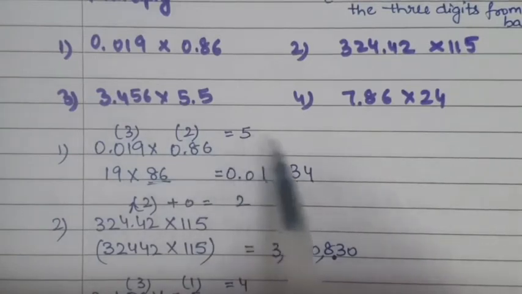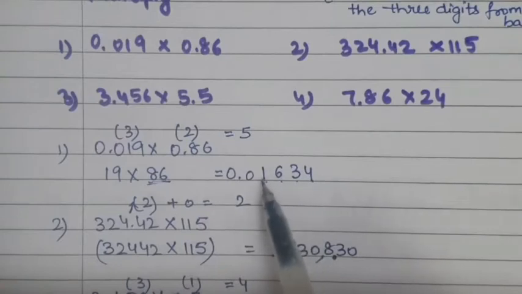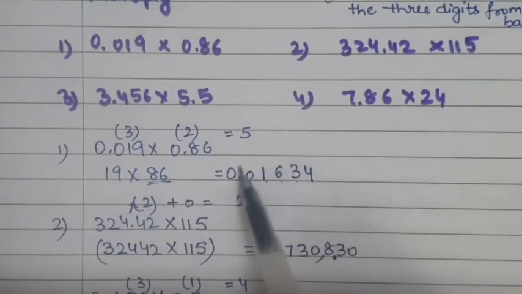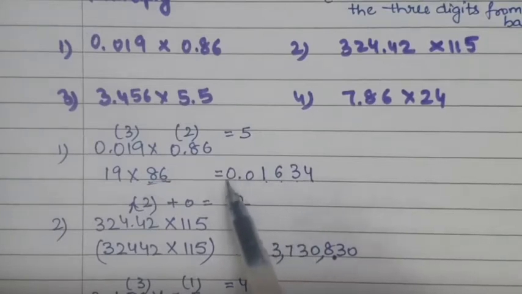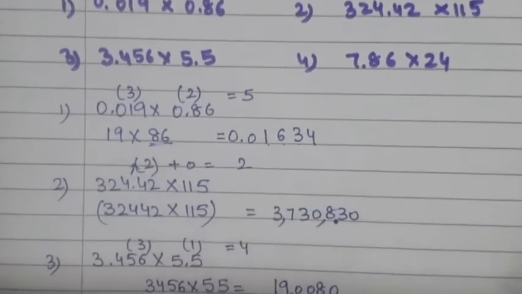Now start counting from the back: 1, 2, 3, 4. But there are only 4 digits. So for the 5th digit we will put 0. Now 5 digits we covered. Now put the decimal. And before the decimal we always write 0 if there is no other digit. Clear?